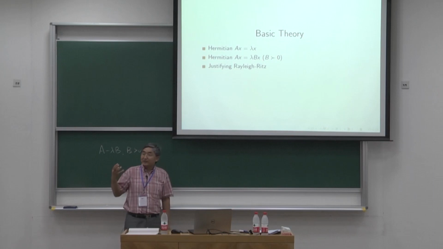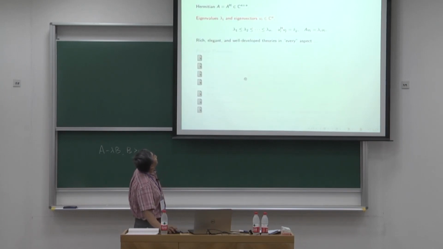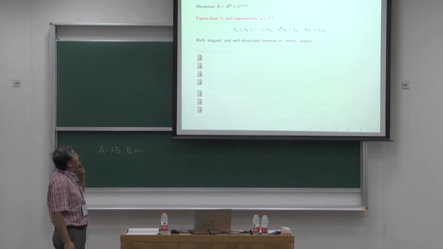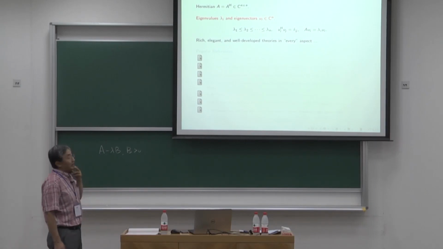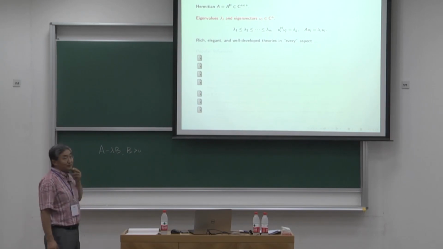Normally we don't think about that, but in fact it can be justified by theory why we should do this. The eigenvalue problem for the Hermitian case: you have a Hermitian matrix A equal to A H, n by n. Suppose n is big, but it doesn't matter here in terms of theory.